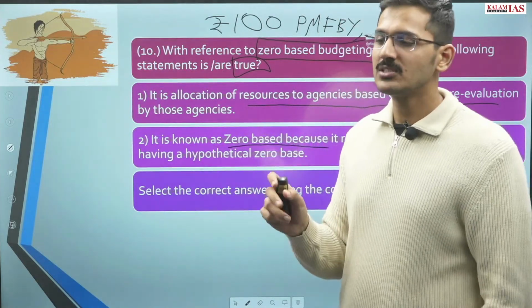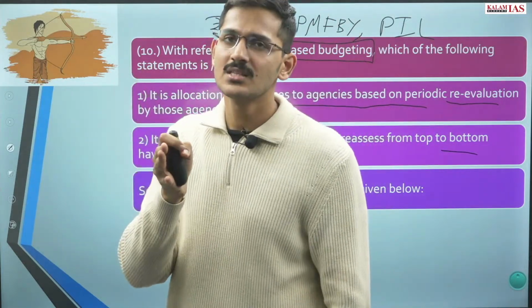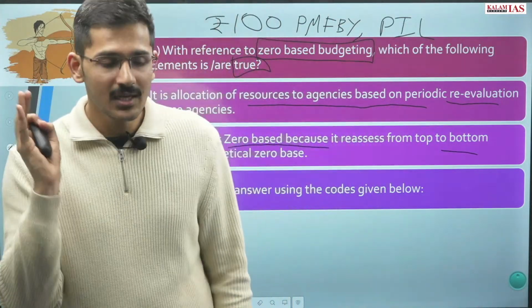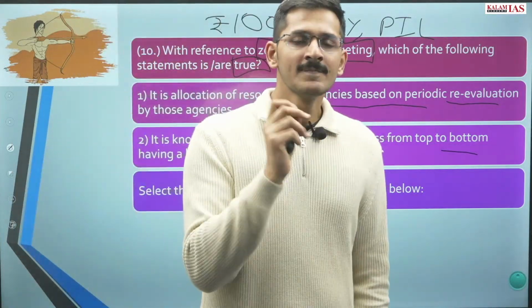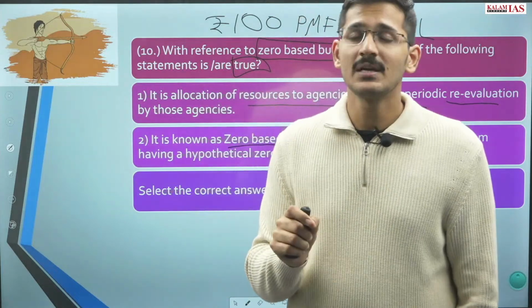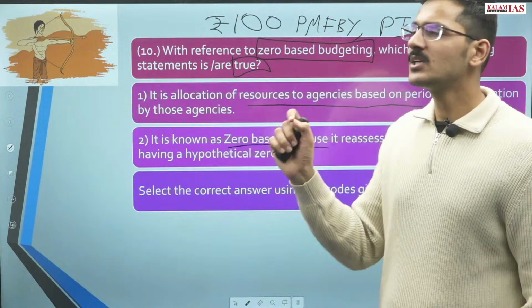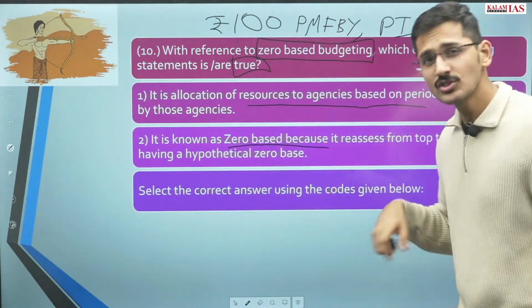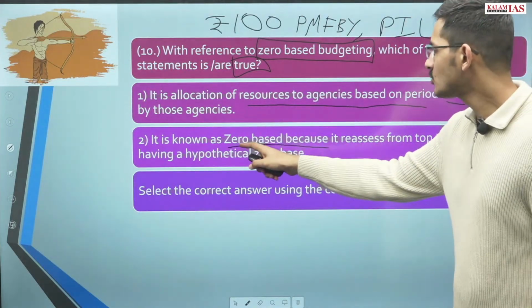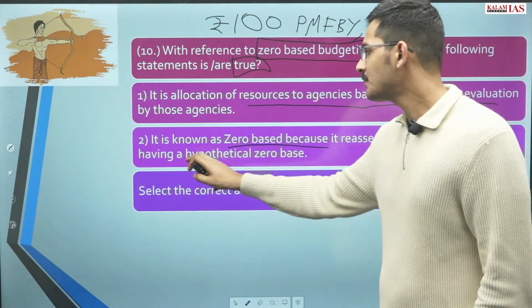Okay, every expenditure, whether it is Pradhan Mantri Fasal Bima Yojana, PLI scheme, PM Kisan scheme, any scheme for that matter, any ministry for that matter, every ministry, every scheme has to justify this year's expenditure in terms of how they have performed in the past. So every expenditure is re-evaluated. So what the second statement says is, it is known as zero base because it reassesses from top to bottom having a hypothetical zero base.